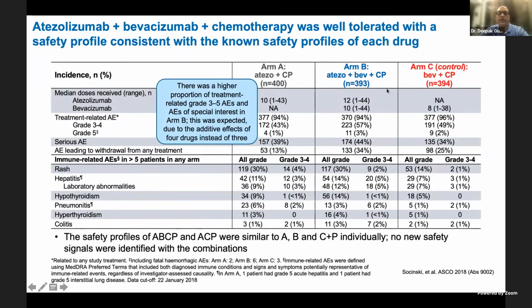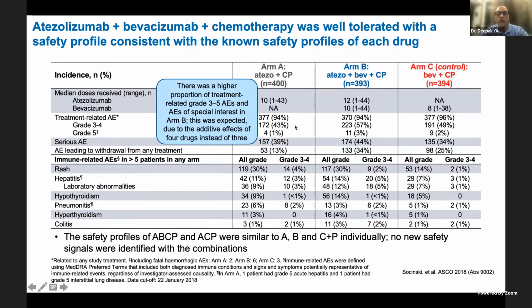So this is the safety profile. There was a higher proportion of treatment related grade 3 to 5 adverse events and adverse events of special interest in arm B, which is expected due to the additive effect of 4 drugs instead of 3 drugs.